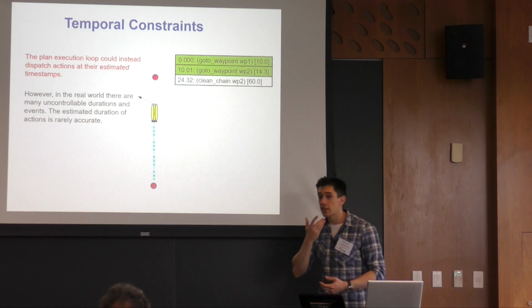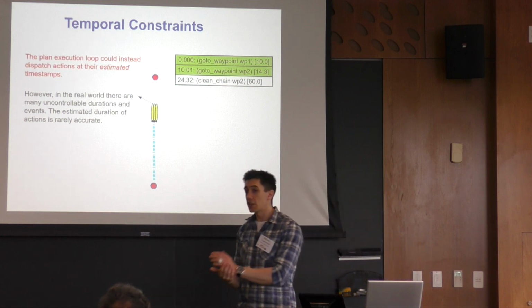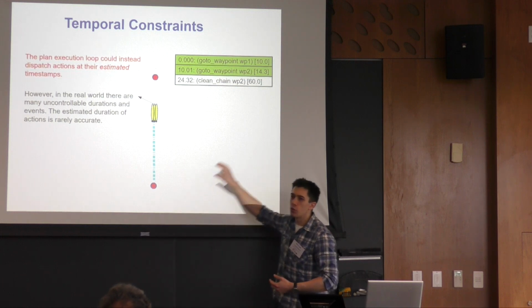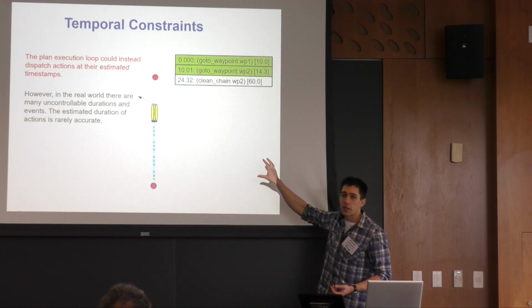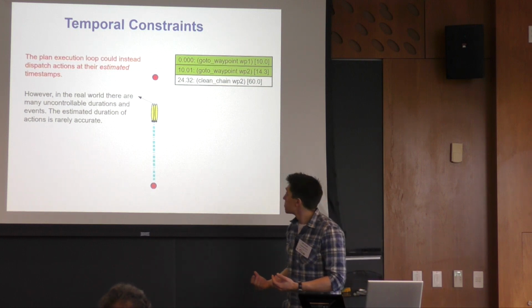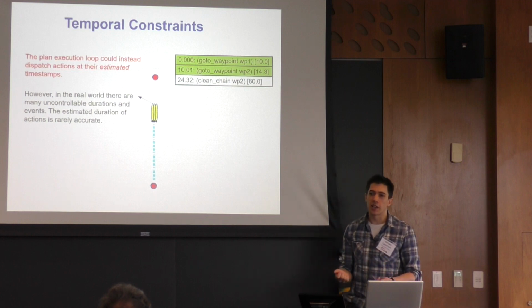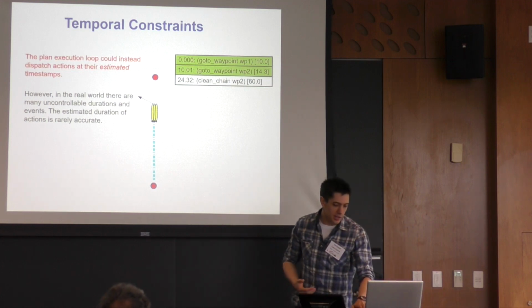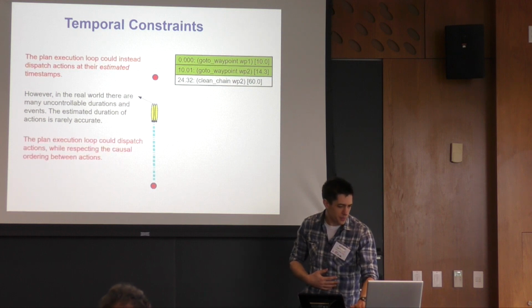If we were executing these actions at their estimated dispatch times, we have a strange choice to make here. Do you execute this action immediately, or do you wait now until the previous one is complete? And this would be dependent on the kind of action. Some actions can be done concurrently, some can't, and it's completely unknown.